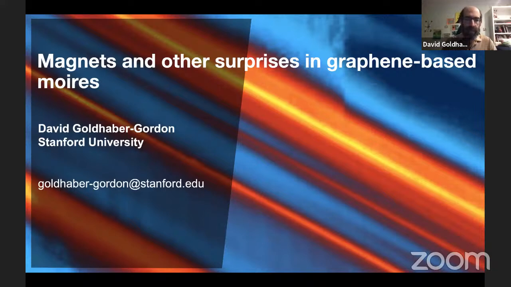And just to be clear, since then we have seen superconductivity in twisted bilayer graphene a number of times. The difference was that we had inadvertently done something different in our stacking.